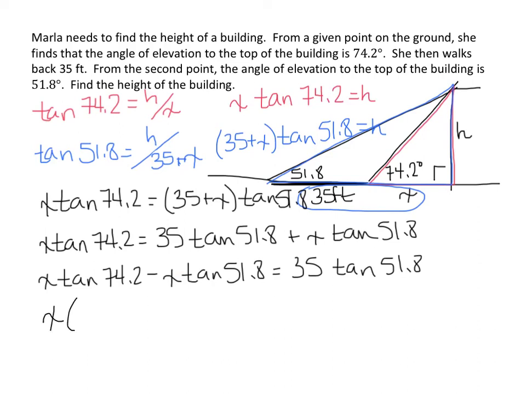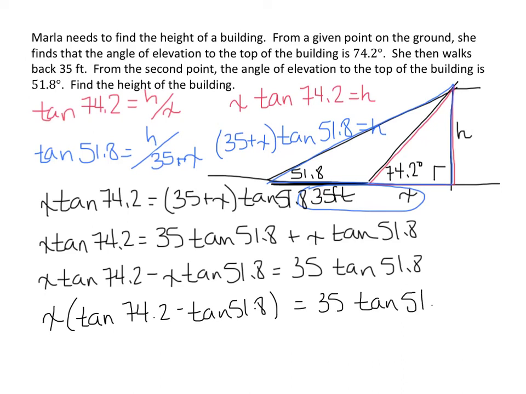Factoring, remember, is undistributing. So you have X times tangent 74.2 minus tangent 51.8, and that's equal to 35 tangent 51.8.